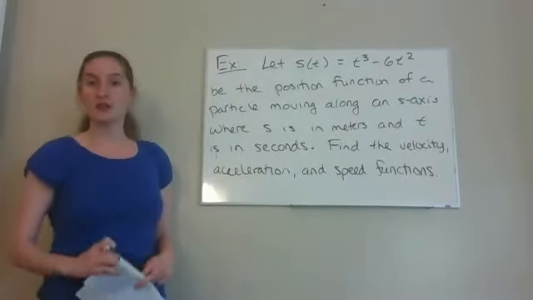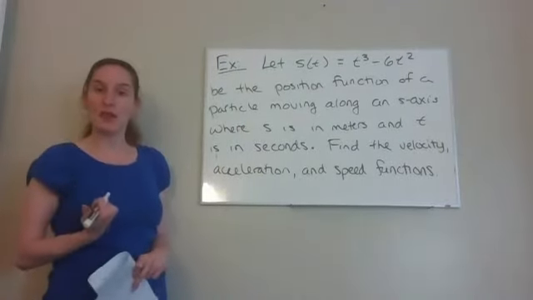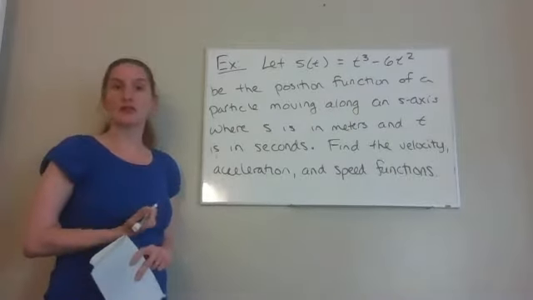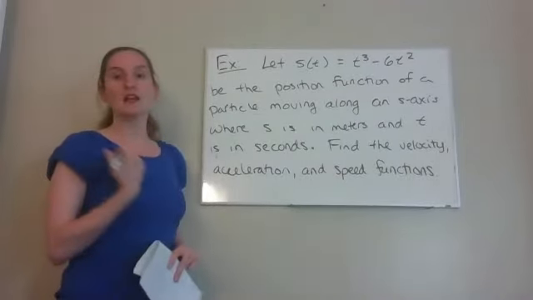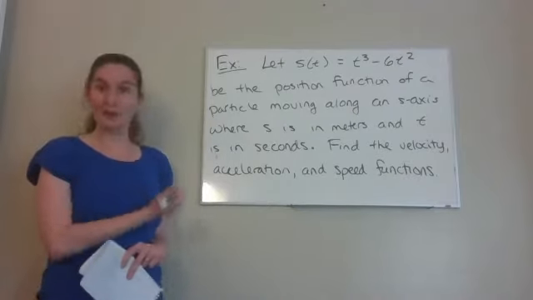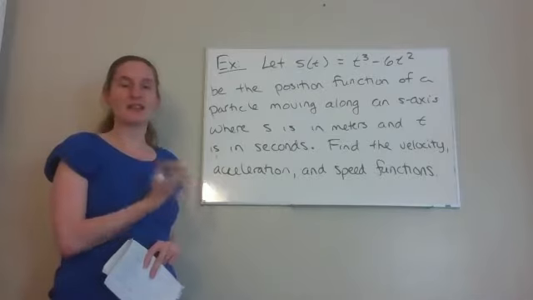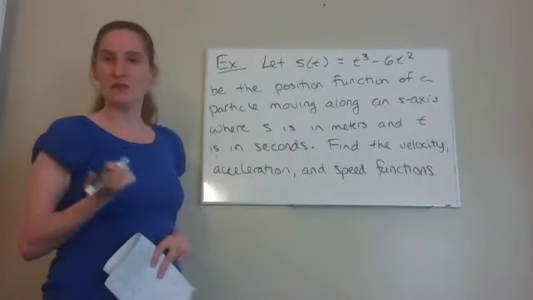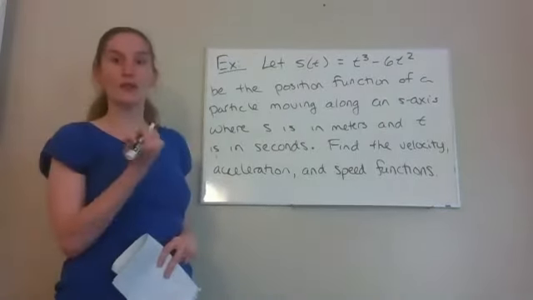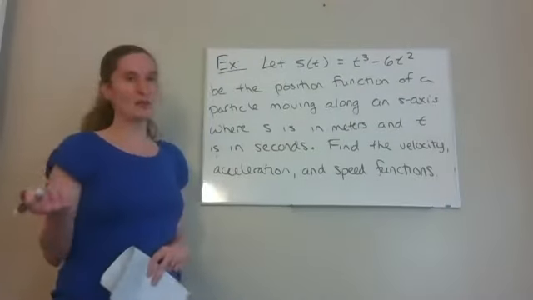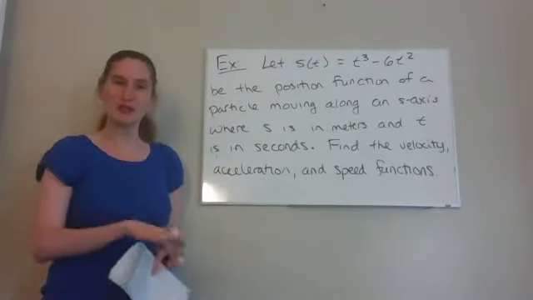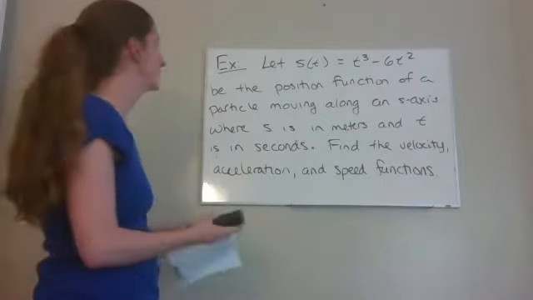All right, that's not too bad because we know that the velocity is equal to the derivative of our position function. The speed is going to be the absolute value of that velocity. And then my acceleration is the second derivative of position, which just means it's the derivative of velocity. So we just have a couple derivatives to calculate, and then we'll be done with this particular example.